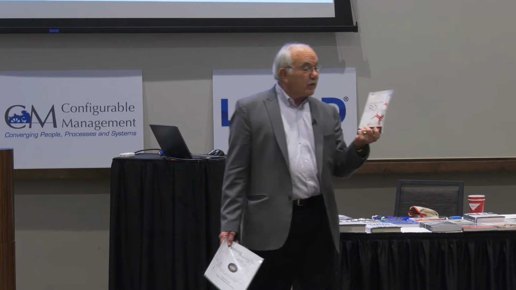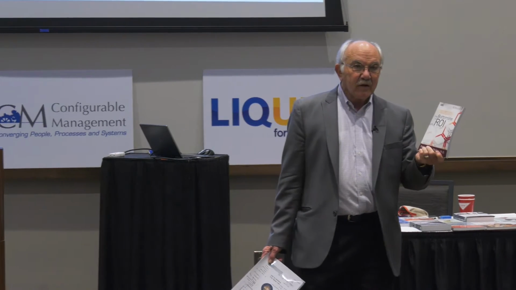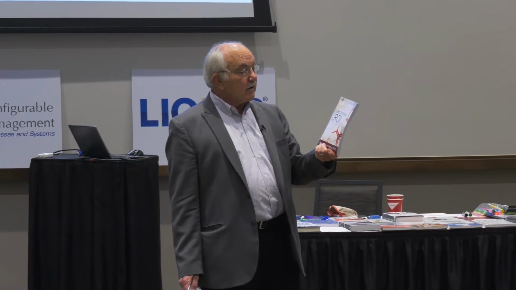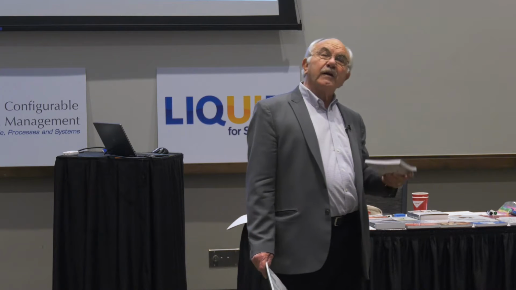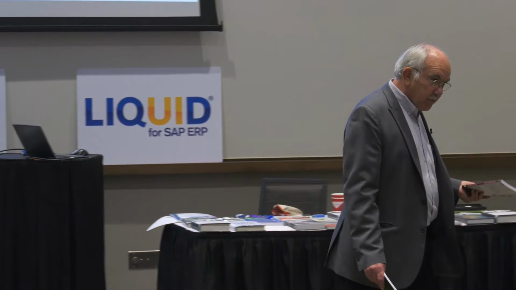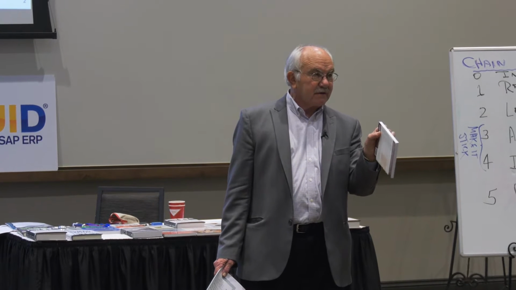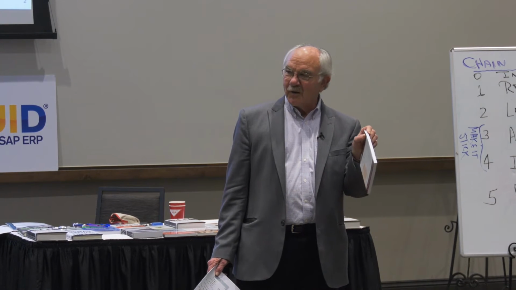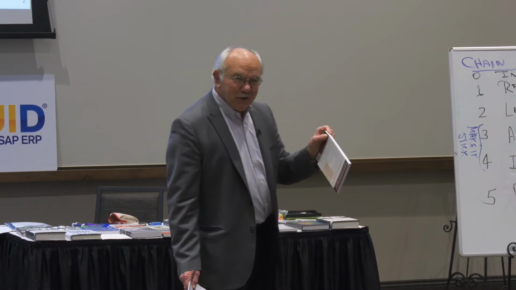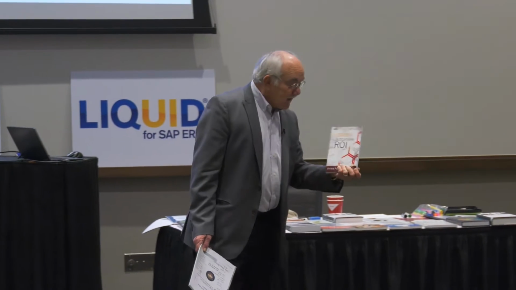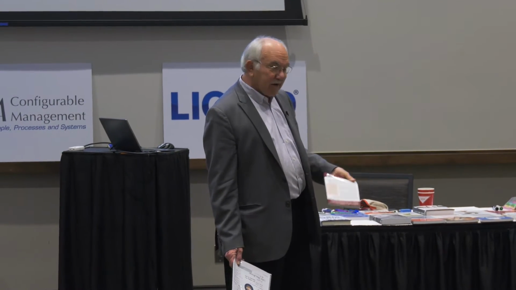This one won an award from an international group, best book of the year from the International Society for Performance Improvement. But we think it won the award because it's thin. It's a thin book on ROI, not a thick one. It's called The Bottom Line on ROI.